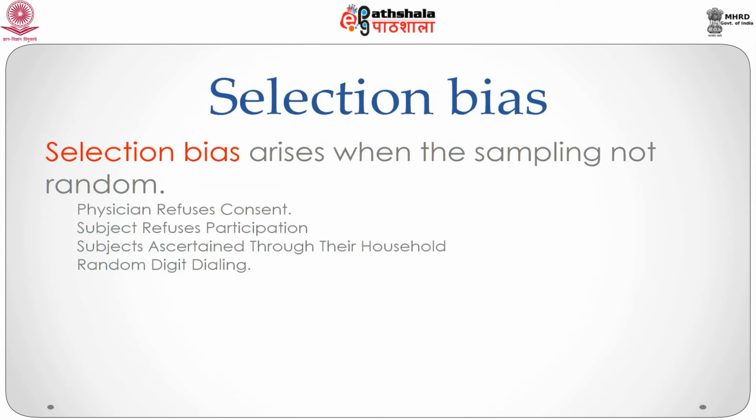Selection bias is a common feature to which case control studies are typically susceptible. By selection bias, we are referring to the underlying cohort study, and selection bias occurs when selection from this underlying cohort is not random. This could occur, for example, if physicians refuse consent, if the subject refuses to participate, or if subjects are ascertained through their households.